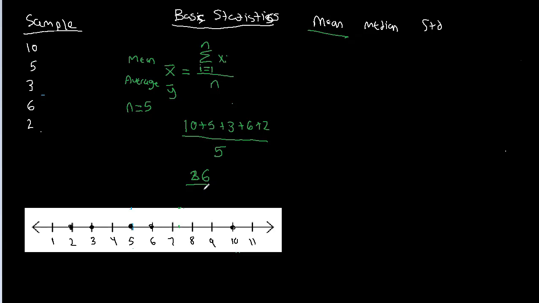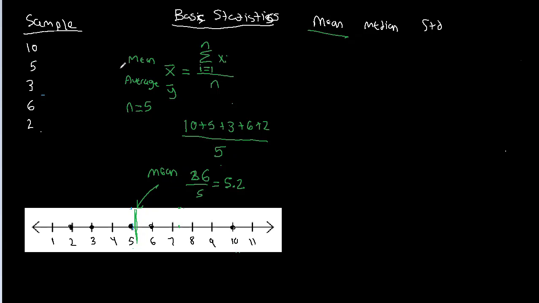So 26 over 5, if we do the math on that, 26 divided by 5 gives us a value of 5.2, because 25 over 5 is 5, and then the 6 means 0.2, so 5.2. So we can add this number to our number line here. This is our mean.